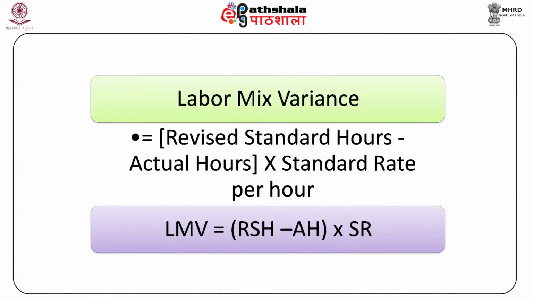Therefore, the difference between the actual and standard composition of different grades of labor results in labor mix variance. It is calculated with a formula.